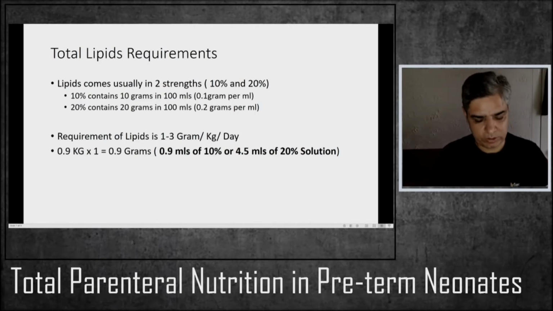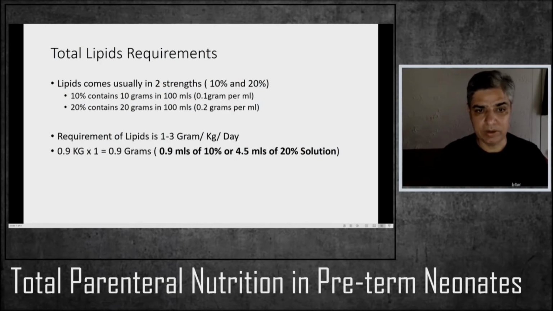Now, again, it's very simple. As we talked about proteins or amino acids, where the requirement is 1 to 3 gram per kg per day, the same goes for lipids. You can start anywhere from 1 and go up to 3 gram per kg per day. Again, for the sake of simplicity, we assume that the baby in our case needs 1 gram of lipids per kg per day.